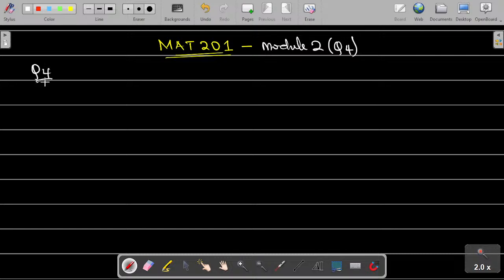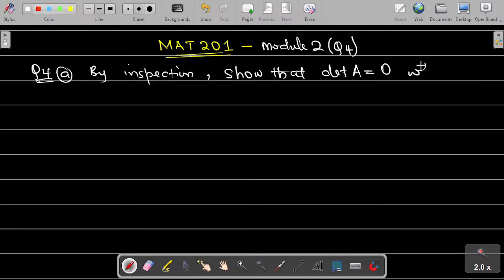Question 4. So what is the question saying? The first part, that's A, says that by inspection, that is without computing, we should show that the determinant of matrix A is equal to 0, where our matrix A is equal to this.